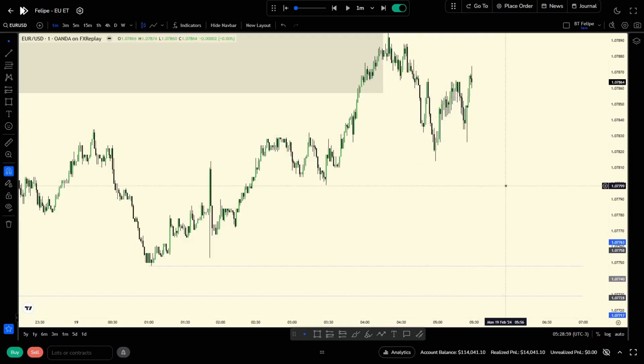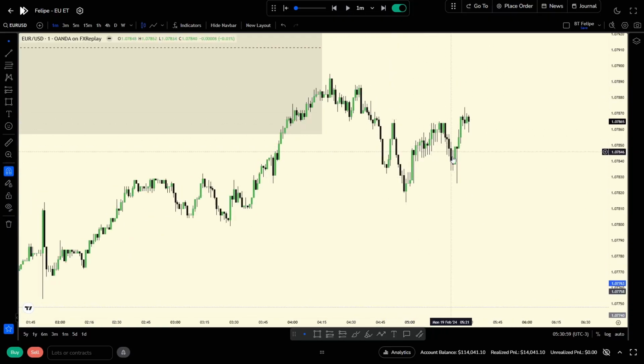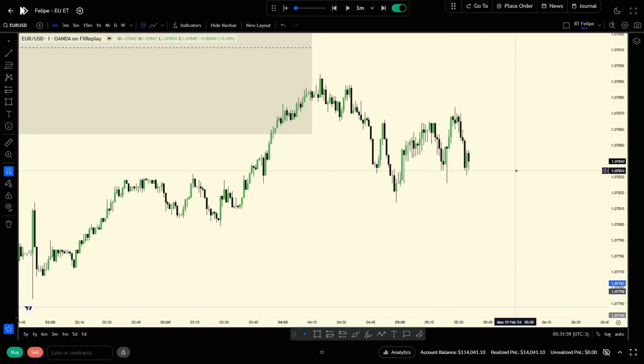Honestly, price going down more. Here it kind of gave the manipulation. Kind of ugly.